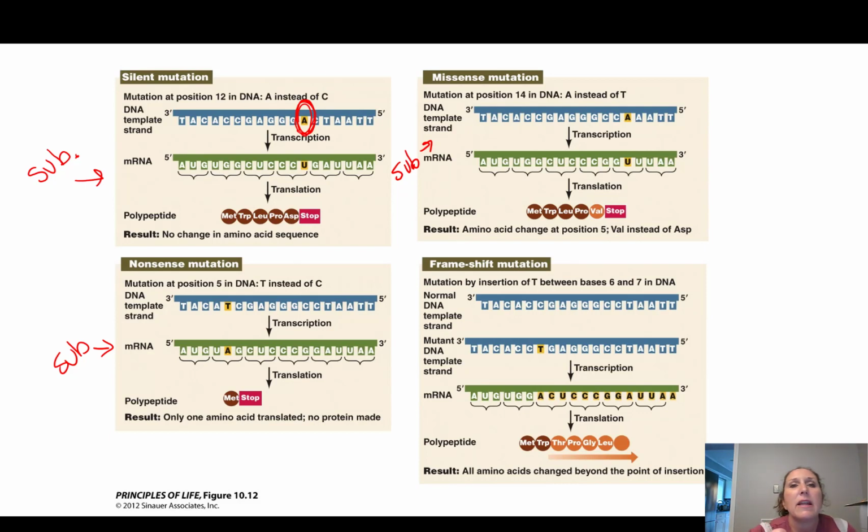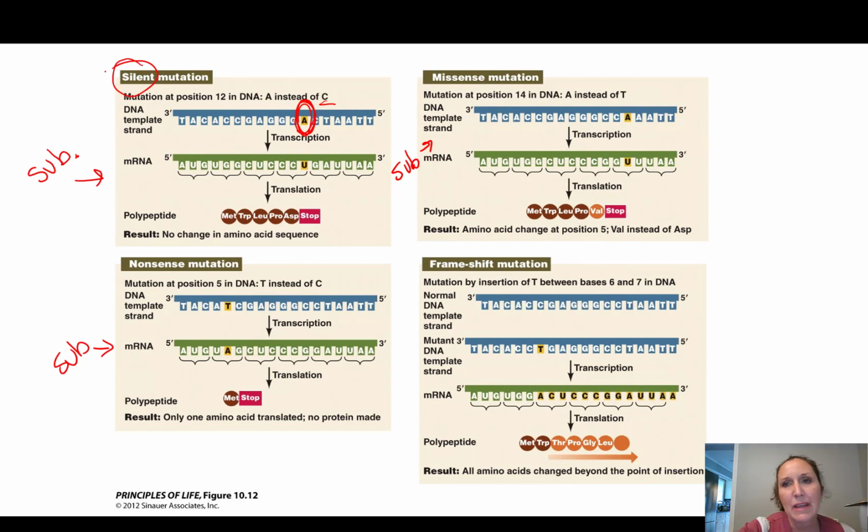It's an A and it's supposed to be a C. So that actually is going to result in the exact same amino acid. CUG translates into the exact same amino acid as CGG. All right. So this is silent. In other words, it's not going to make a bit of difference because the amino acid that is created is the exact same.